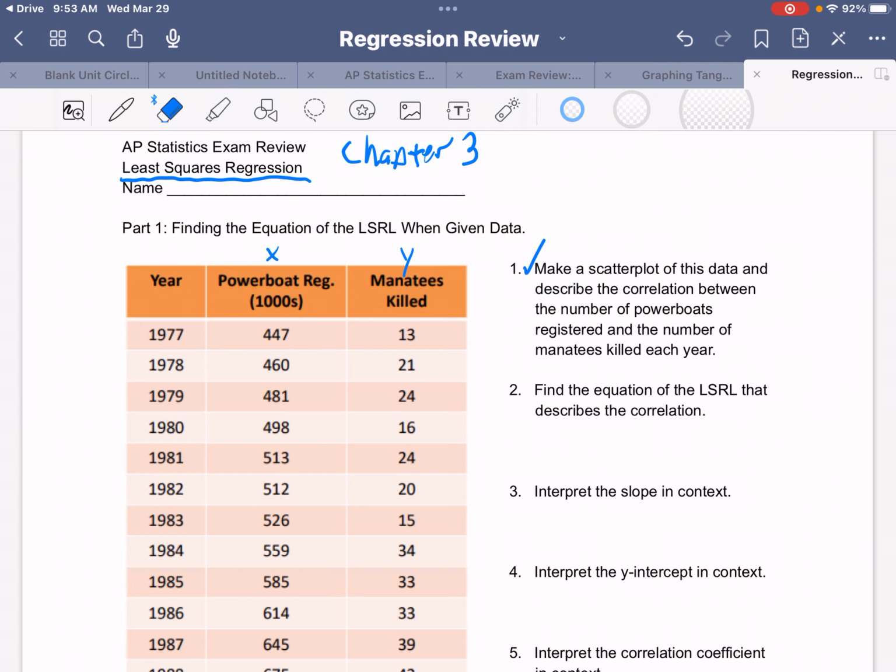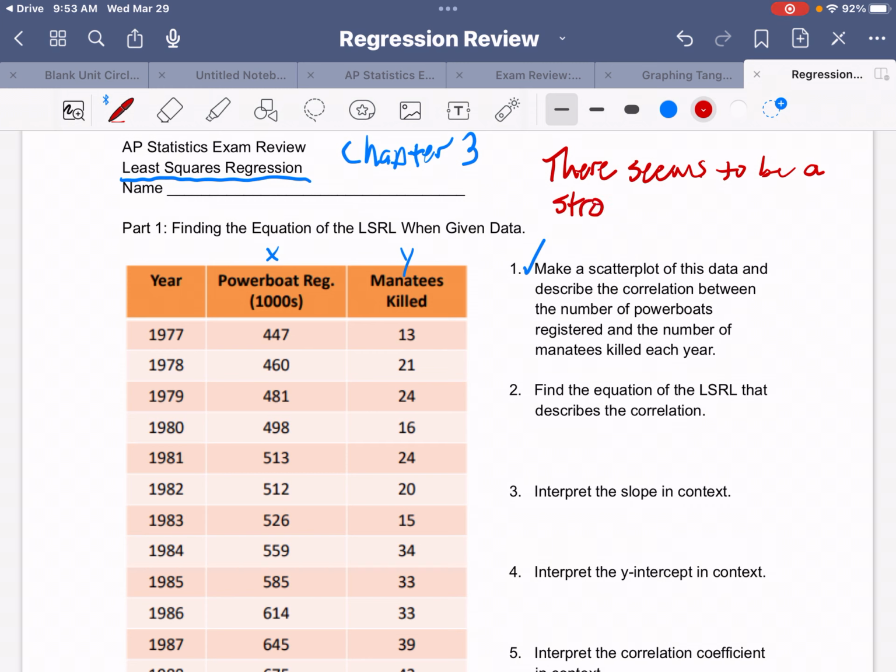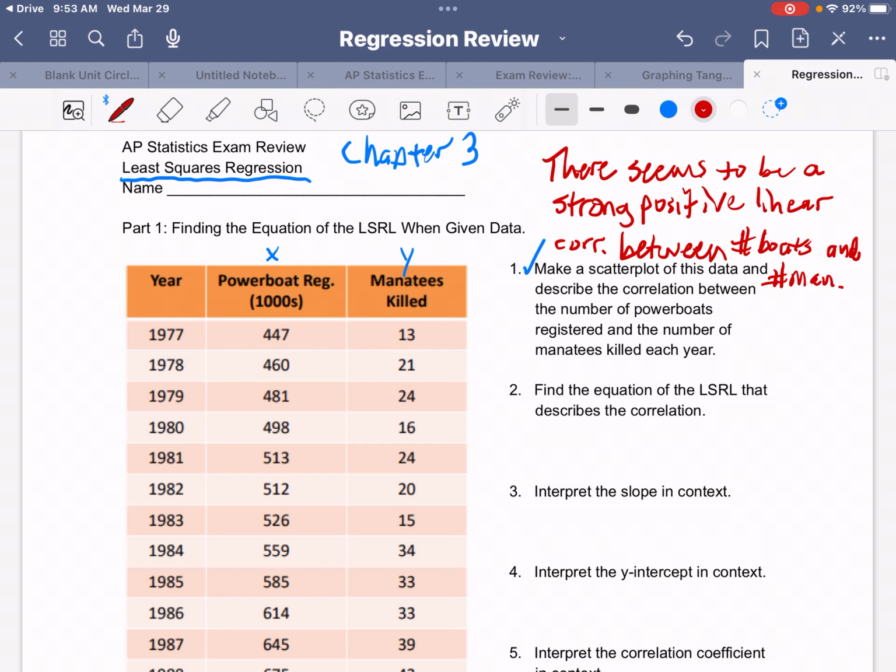Okay, so I'm going to say there seems to be a strong positive linear correlation between the number of boats registered and the number of manatees killed.